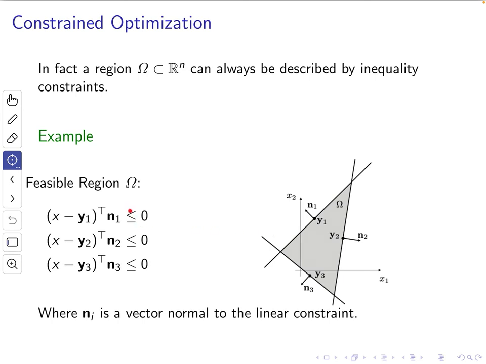Now if this term is less than or equal to 0, then it's everything on the opposite direction of n1. And n2 and n3 would similarly work. So omega would be something that looks like this, given these inequality constraints.